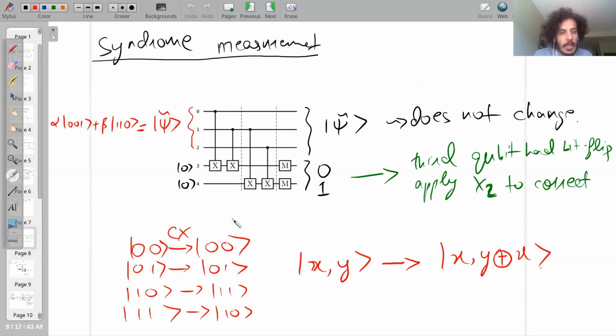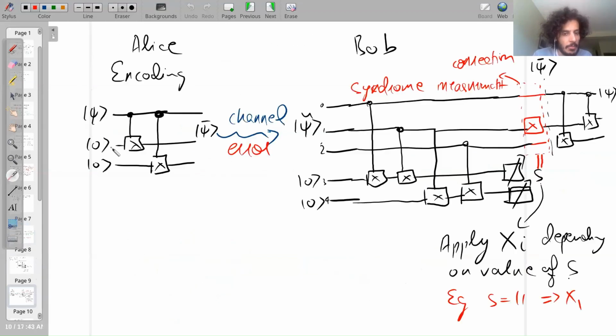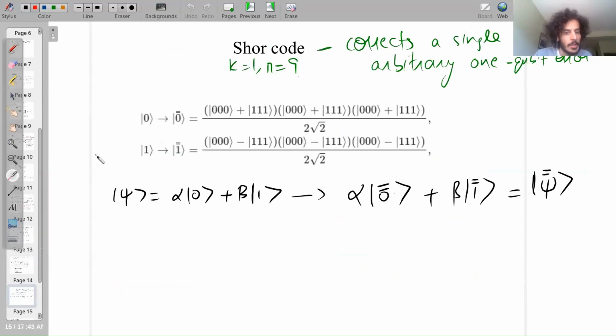This syndrome measurement circuit was comparing the value of the first, second and third qubits. And that is what gave us the answer, right? So forgetting about the gates, just think about the high level process. That's exactly what we're going to do again.